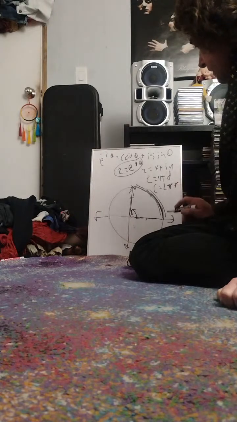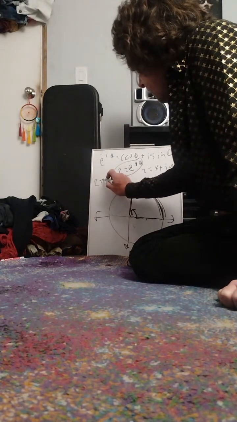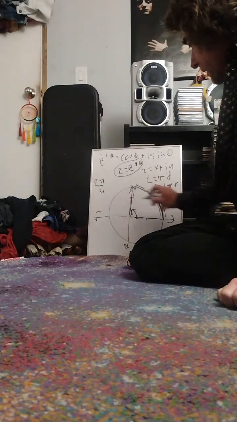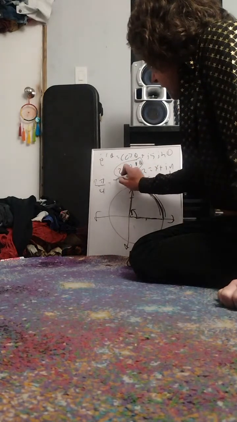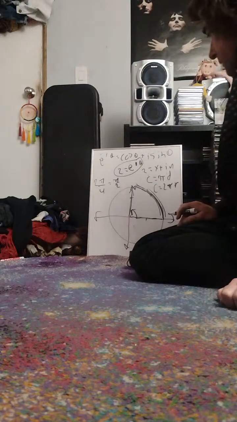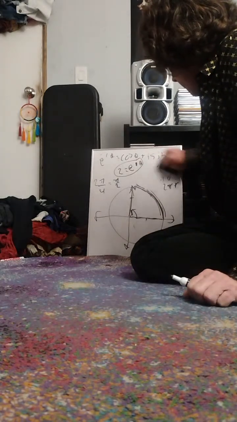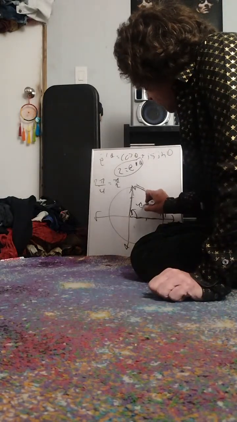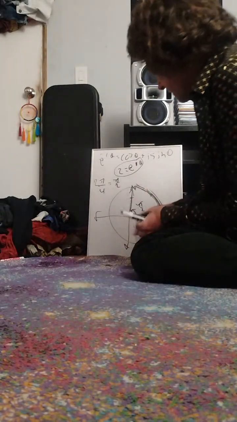Then how much is this much? Well, this much would be 2 pi over 4, because I'm going 1/4 the way around the circle, and that is equal to pi over 2. So this angle right here is pi over 2, not 90 degrees, but pi over 2 radians.